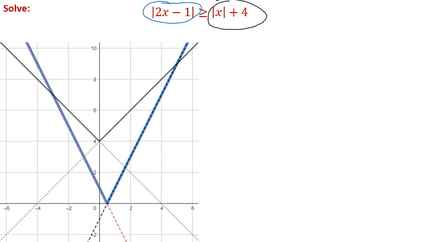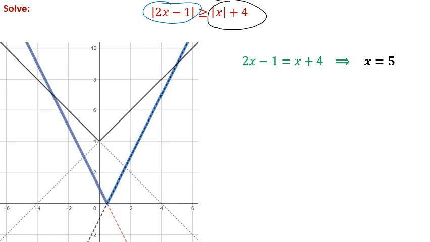Now, if we want to know when the blue graph is at least as big as the black graph, then we can already see on the graph that's going to happen provided x is big enough. Looks like it happens at the far right. Certainly the blue graph is above the black graph, and also at the far left where the blue graph is above the black graph. But in order to identify precisely the regions, we are going to need to know where those graphs cross.